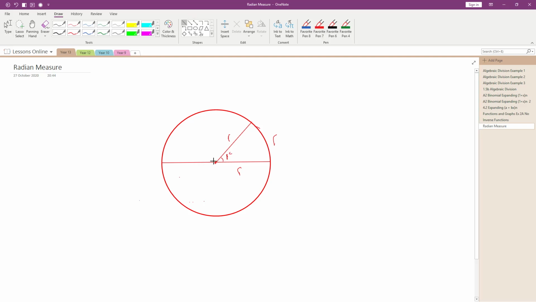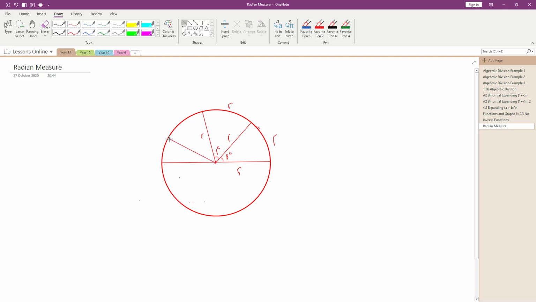So we've got a second radian there. So that's my radius. That's my second radian, and that's the radius I've been able to stretch around. I think I can stretch one more in there, one and a bit.